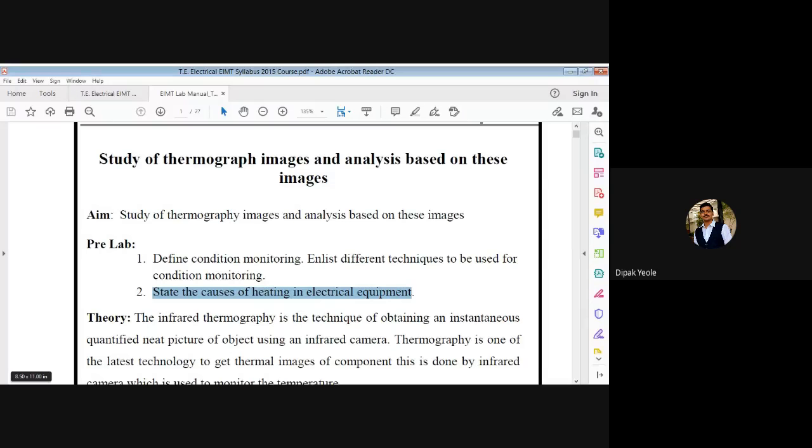Yes, any other reason or any other cause which is not covered yet, and that is important. So maximum current capacity can be there. Yes, obviously. We know that whenever we are using a conductor, poor connection, or you can say loose connection, can be a cause of overheating, or you can say heat development.